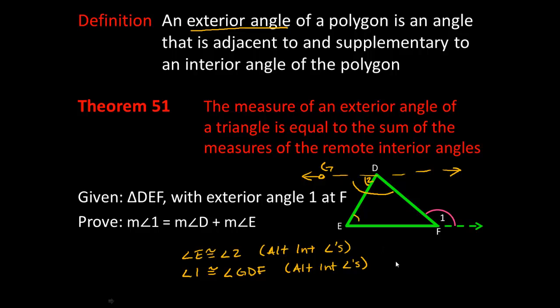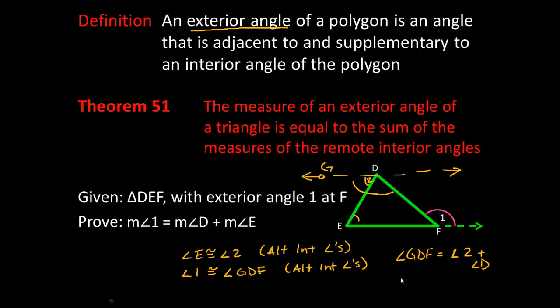Okay, and you can see that angle GDF is angle 2 plus this angle here, which is angle D. And apparently it's not showing. I must have hit the edge here.